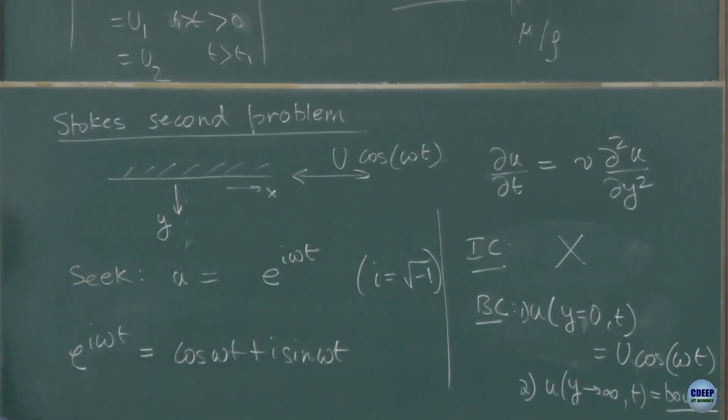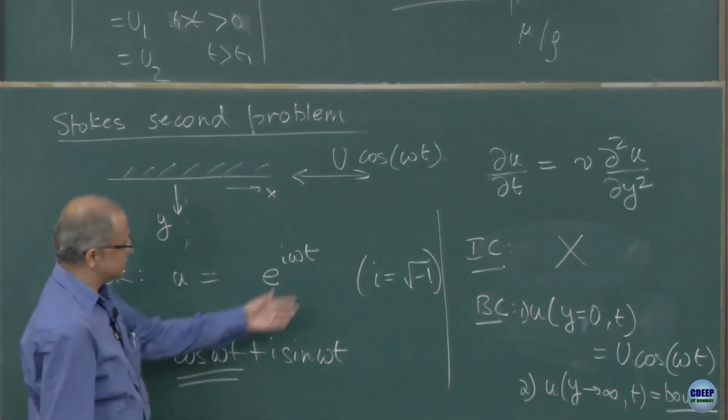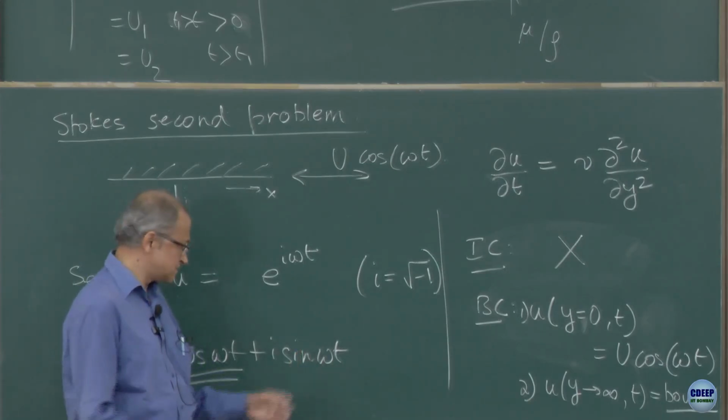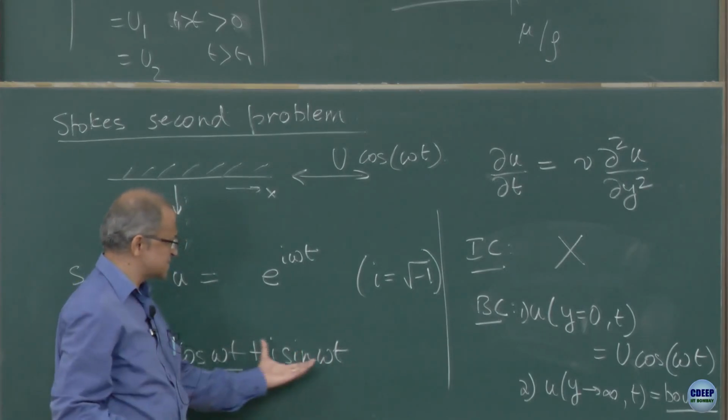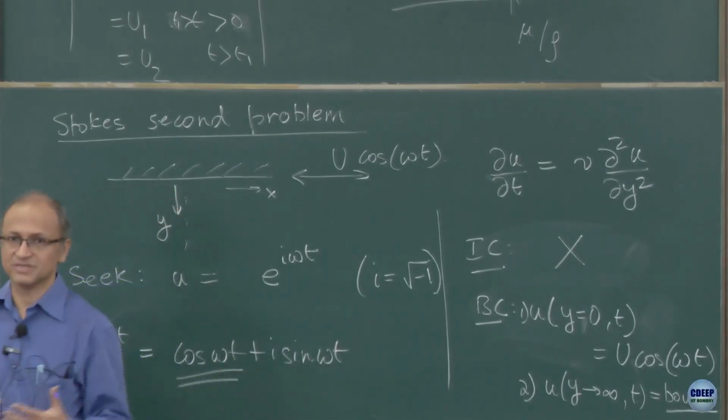So you can see that cos omega t is built in, and I am also adding another term because it can help us find the phase.